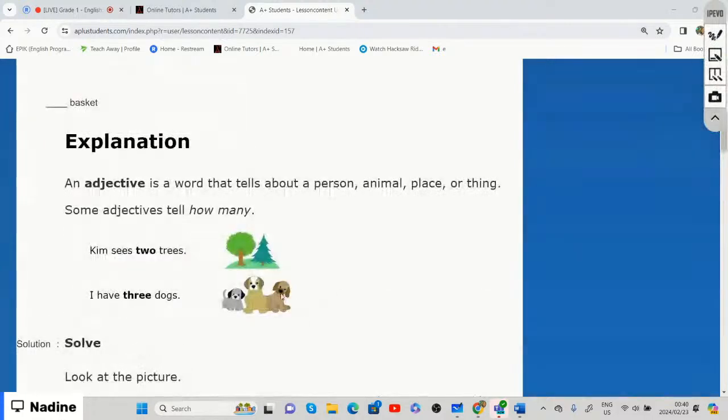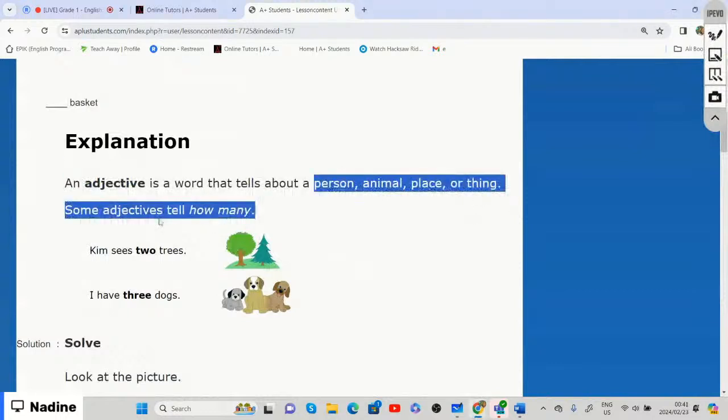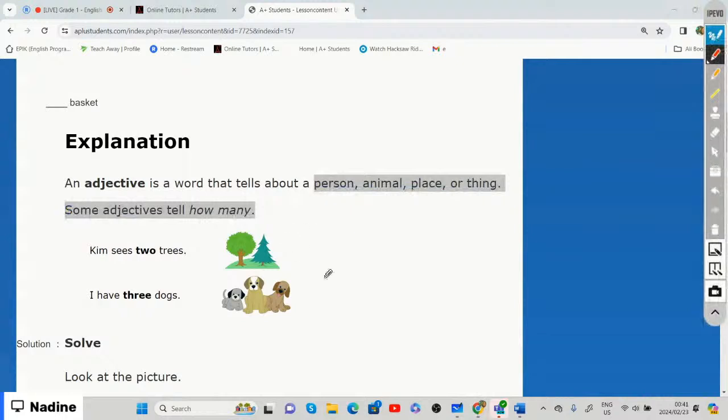And we say once again that an adjective is a word that tells us about a person, an animal, a place, or a thing. And in this case, some adjectives tell us how many. Like if we look at these trees, how many trees do you see over here? And how many puppies do you see?